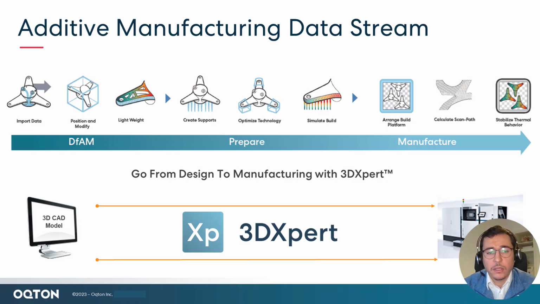Then you position the part on the build platform, you do lightweight operations, which is a buzzword for design for additive manufacturing features such as lattice creation, implicit modeling, conformal cooling design, heat exchanger design, and many more. Then you can also create support structures in 3DXpert, assign different printing strategies to the same part, do mechanical and thermal build simulation.